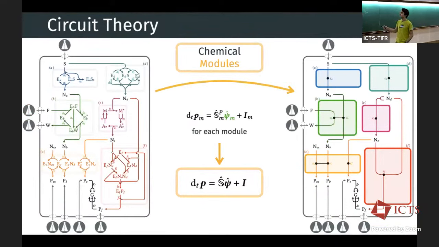So we have equations like this for each module, and then we couple them together in a single rate equation for all terminal species that we had in the original network, but now the dynamics is described only in terms of these effective reactions.